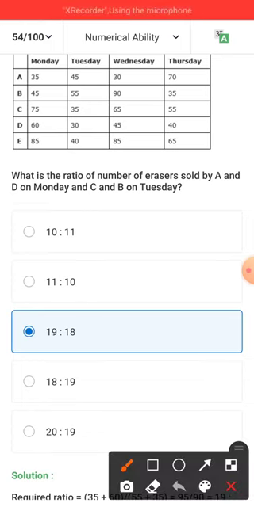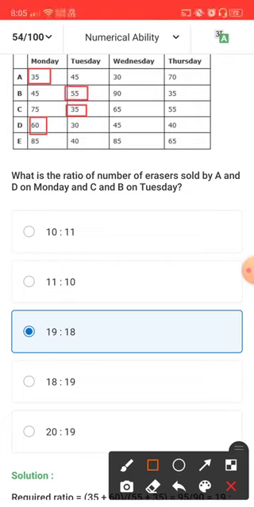What is the ratio of number of erasers sold by A and D on Monday? A and D on Monday is 60, and C and B on Tuesday.